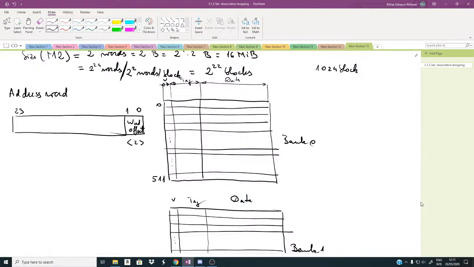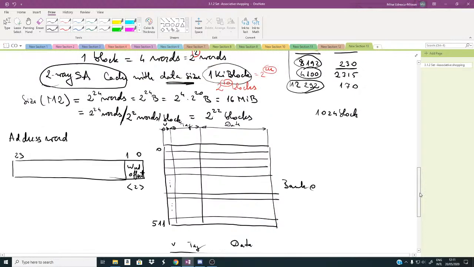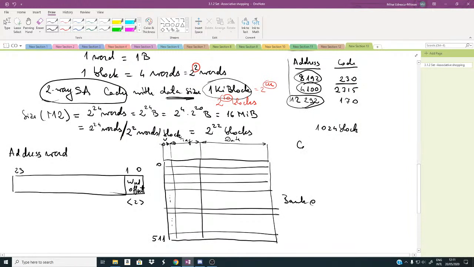So you divide the cache size, which is 2 to the power of 10 blocks, by the set associativity, which is 2 to the power of 1, is 2.